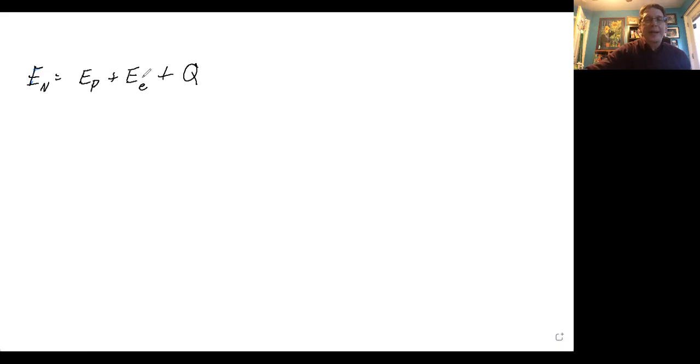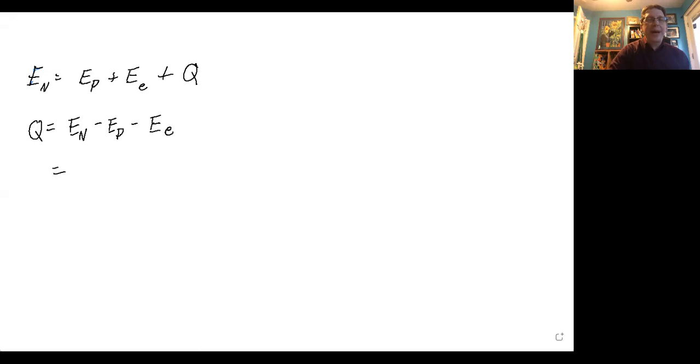The problem is asking what's the maximum kinetic energy of an electron, so we're assuming there's no neutrino, or the neutrino is taking a negligible amount of kinetic energy. In that case, Q is entirely the kinetic energy of the electron. So this is the maximum possible kinetic energy the electron can get from the decay. It's the energy of the neutron minus the energy of the proton minus the energy of the electron. These are the rest energies.